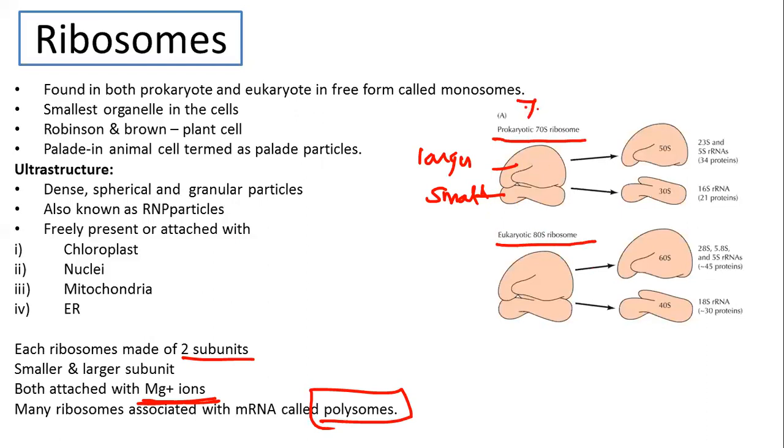Remember, prokaryote 70S and eukaryote 80S. In 70S, the larger subunit is 50S and the smaller subunit is 30S. In eukaryote, the larger subunit is 60S and the smaller subunit is 40S.